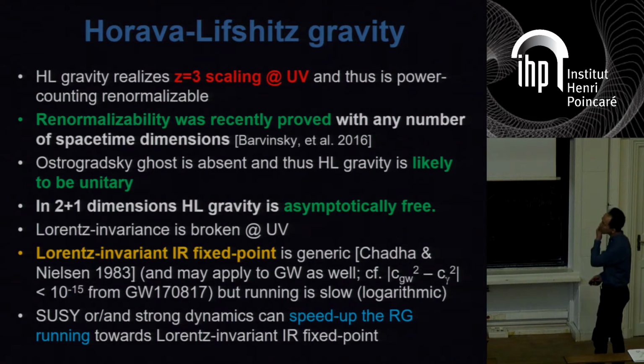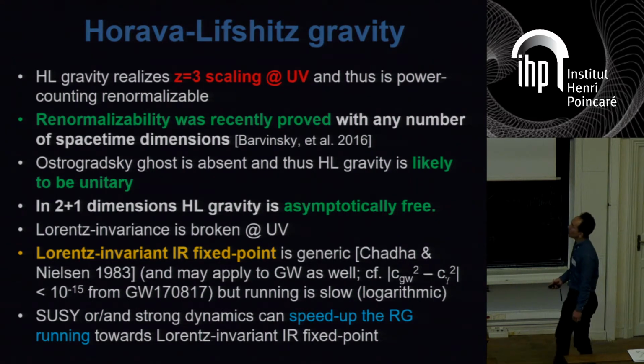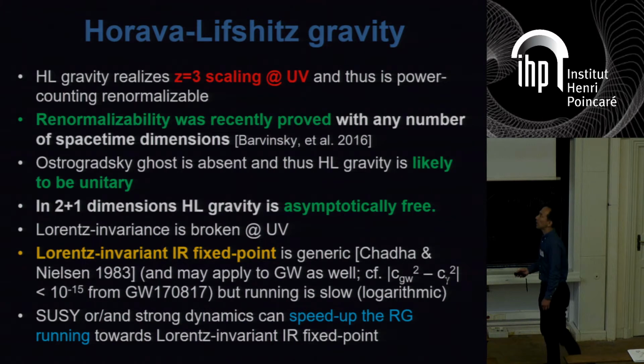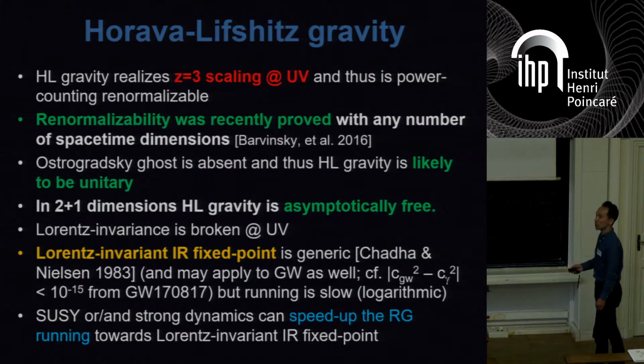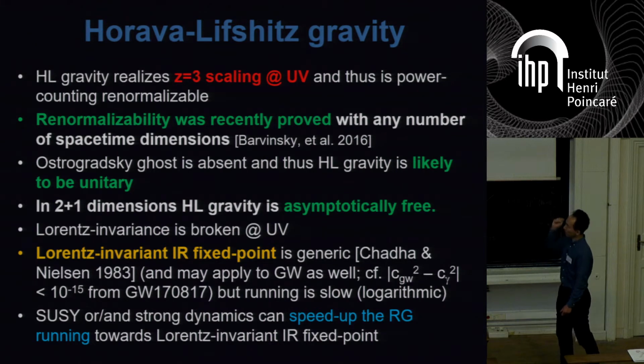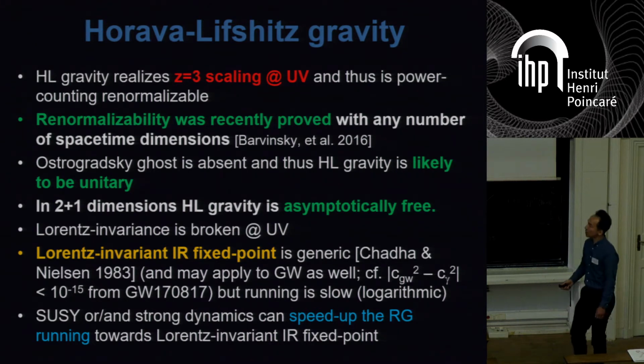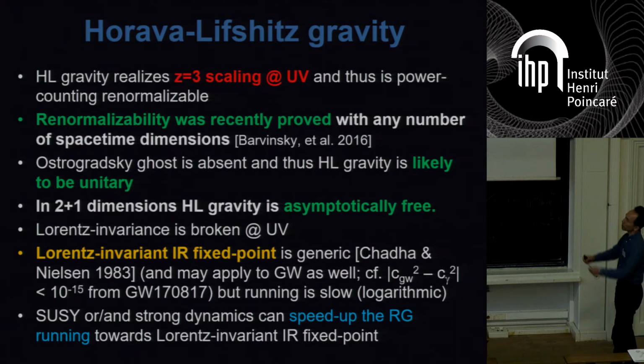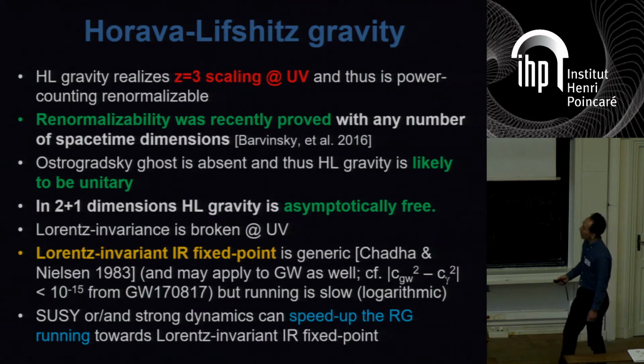There are some ideas, not yet fully understood, but one idea is SUSY. If we consider a Lorentz violating version of SUSY, we can remove the generator of the boost from the N equals 1 SUSY algebra, and it still closes.